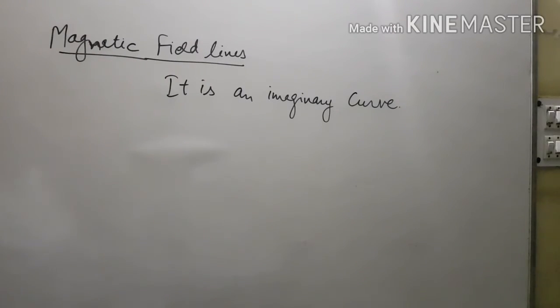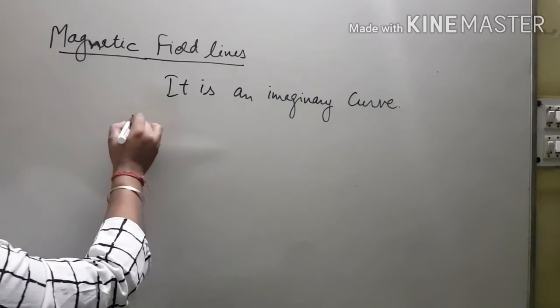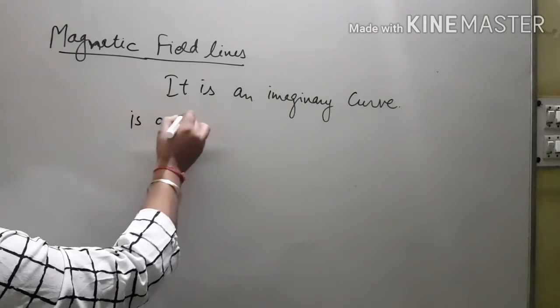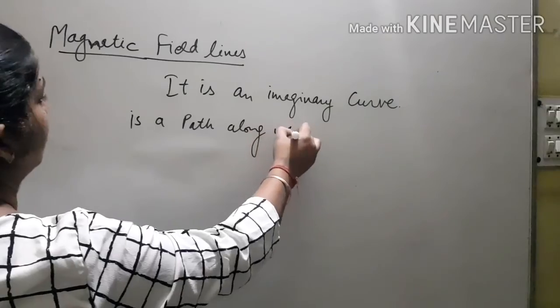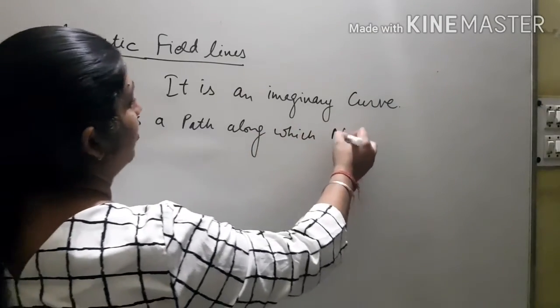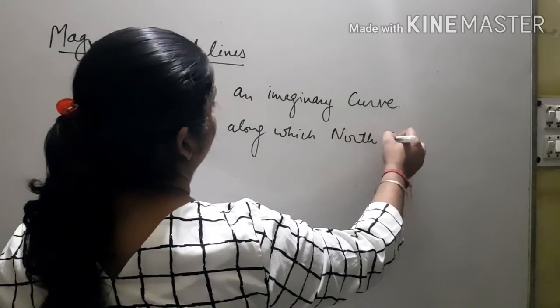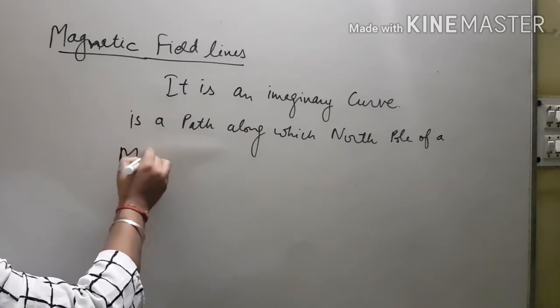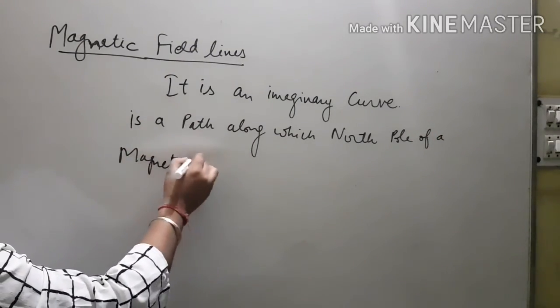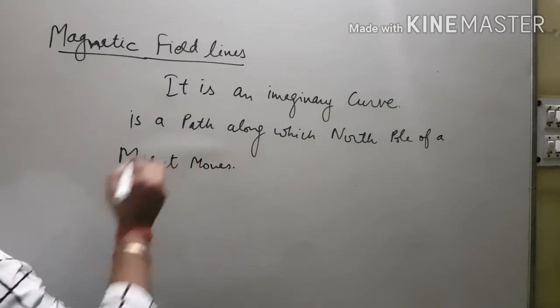You can say it is a path along which the north pole of a magnet moves.